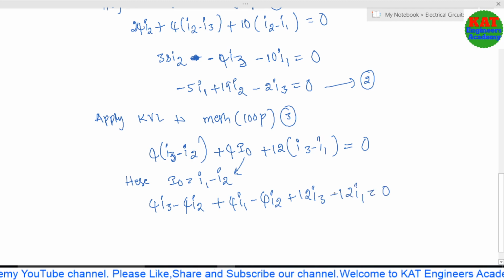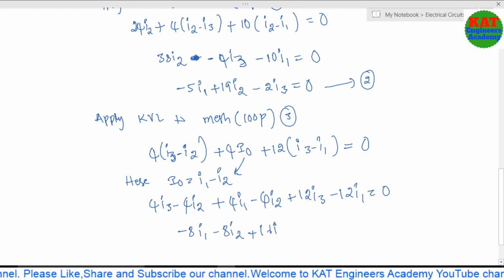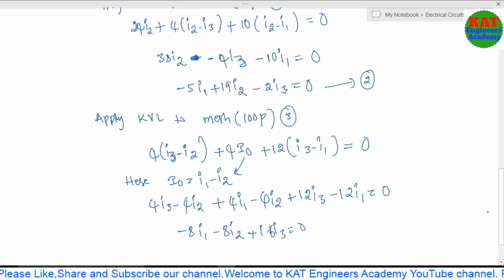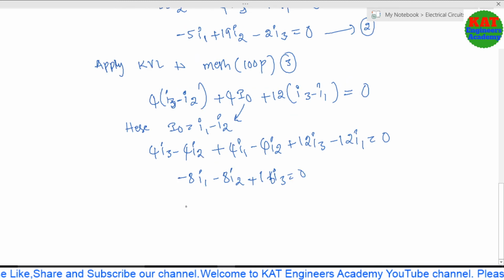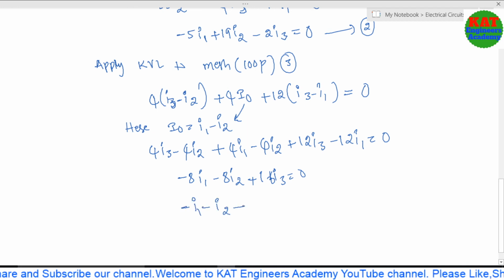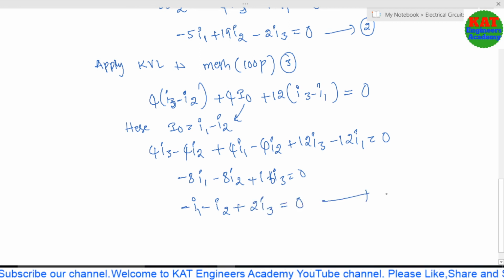Finally we get minus 8 I1 minus 8 I2 plus 16 I3 equal to 0. Take 8 common: minus I1 minus I2 plus 2I3 equal to 0. Now consider this as the third equation.